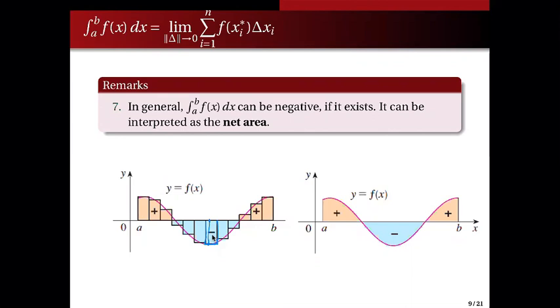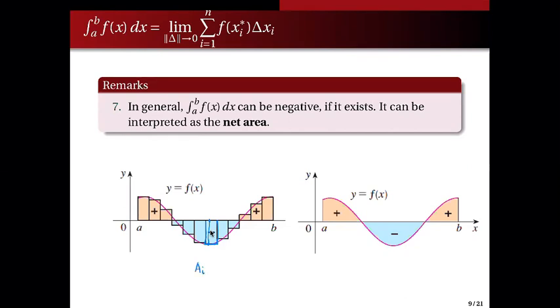Again, area by definition is a positive number. But if your function is below the x-axis, then quote-unquote, the area of that rectangle, to be more precise, the net area of that rectangle, will become negative. Mathematically, why?